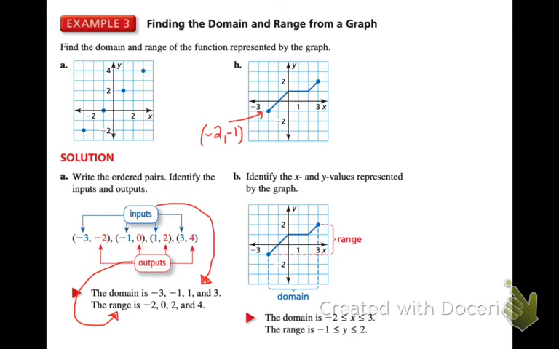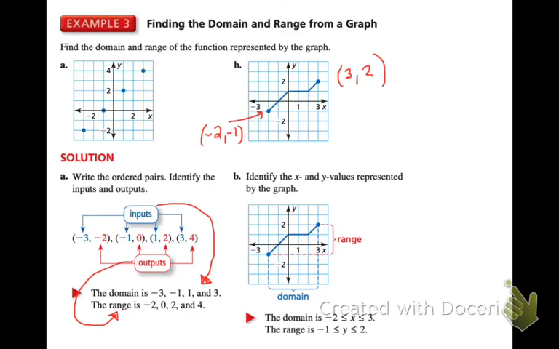And then the highest value is determined by this point, which is at 3, 2. So the range of your x values, especially because on A they're distinct points, but on B it's a continual line. So it's every rational number. So it's -1.5 and so forth.